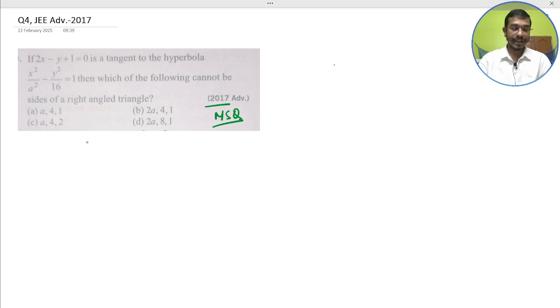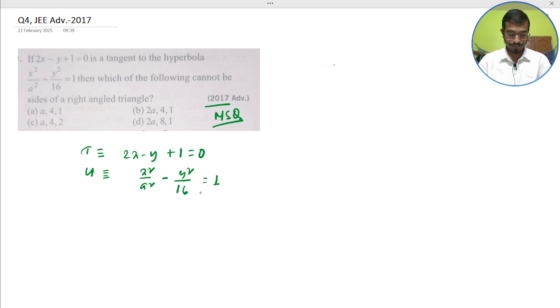So here the given tangent T is 2x minus y plus 1 equal to 0. The hyperbola H is given as x square by a square minus y square by 16 equal to 1. So point P is the parametric point. This is basically a sec theta and b tan theta, where b means 4.